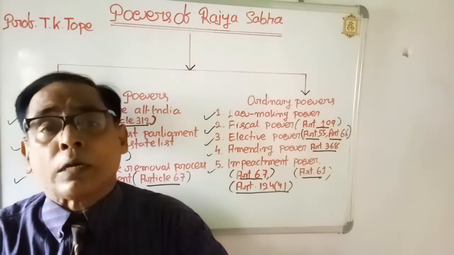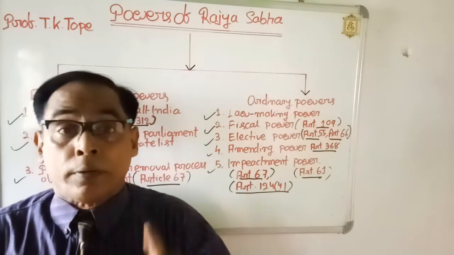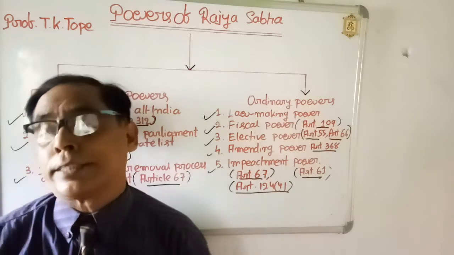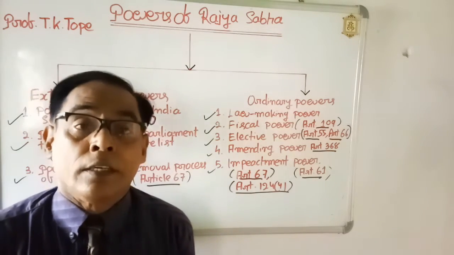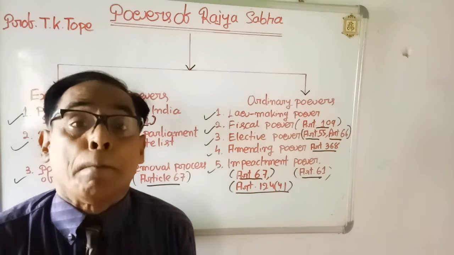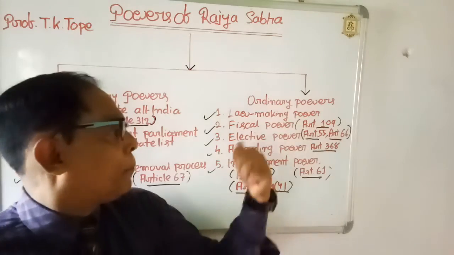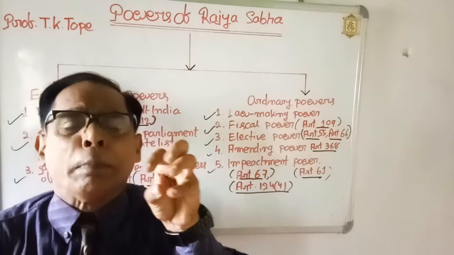After it is passed in the Lok Sabha, it will be referred to the Rajya Sabha for approval, but Rajya Sabha will have to approve it within 14 days. If Rajya Sabha does not approve it within 14 days, it will be considered as passed. So far as fiscal power is concerned, Rajya Sabha has very minimum power.